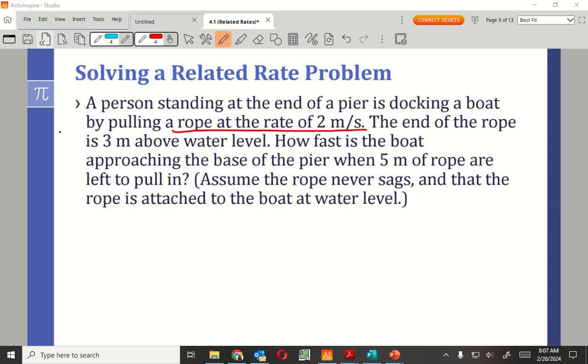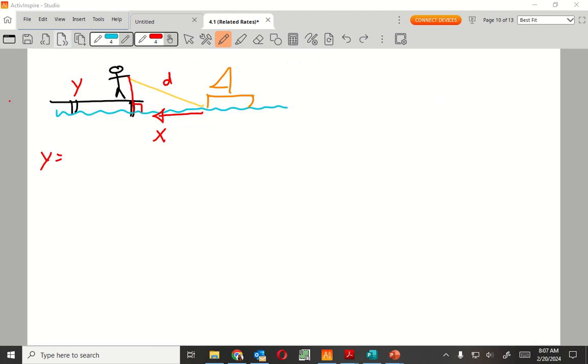So the rope is changing at 2 meters per second, which means that D is changing. So I have the derivative of D with respect to time, dD/dt, and that is 2 meters a second.